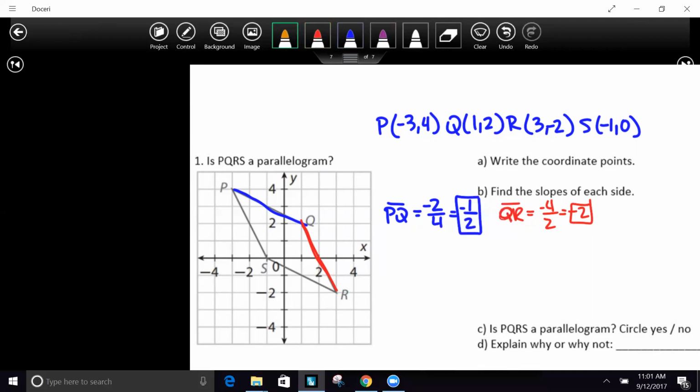We're going to go back, so RS or SR, which will also be what? -2. And our last side here, which is PS, down 4.